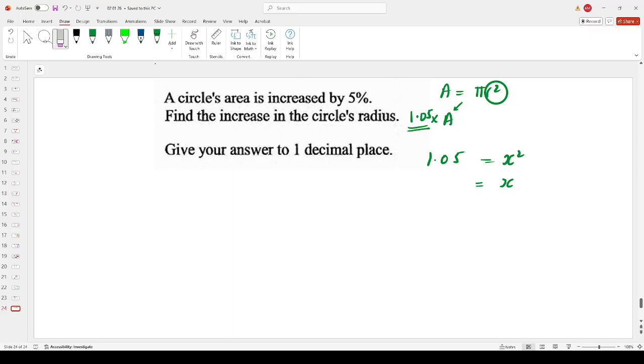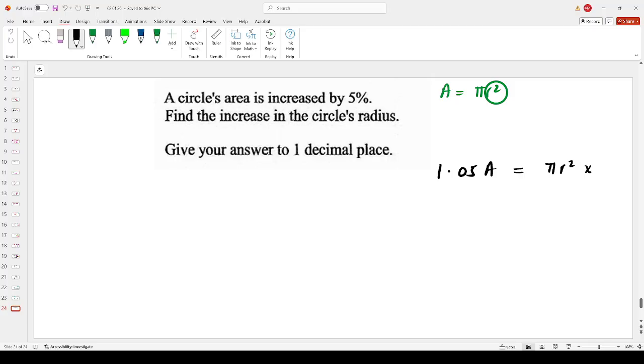Another way you can do it is like this. Sorry, I'm about to do it for the third time now. Hold on. So let's say, for example, you got 1.05a, right? 1.05a, that's the difference, equals pi r squared times, what do we do with the radius?